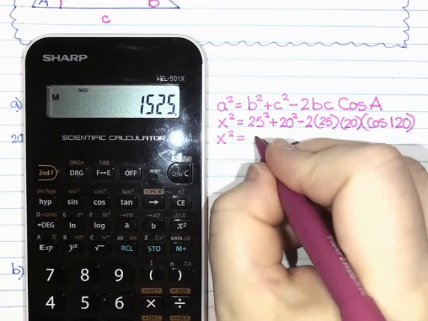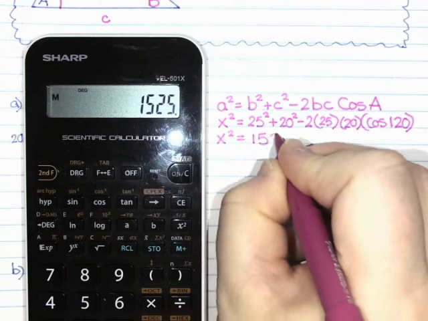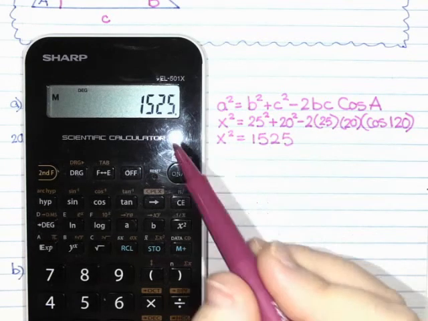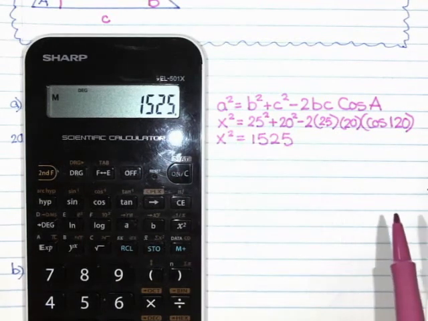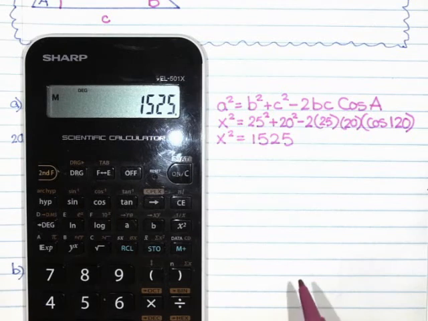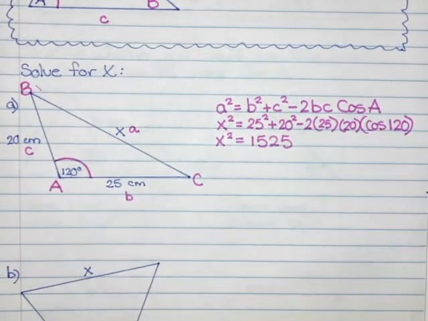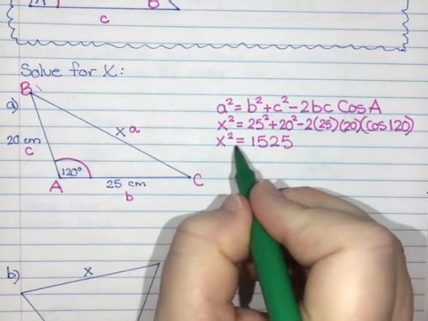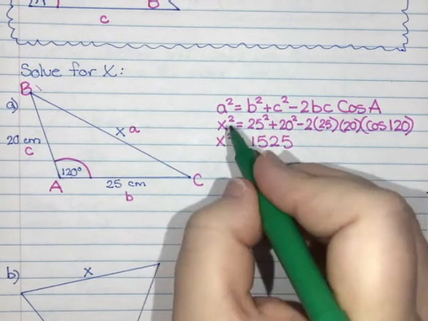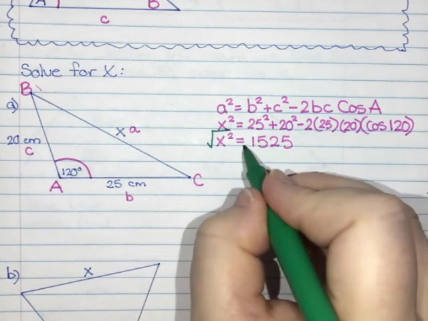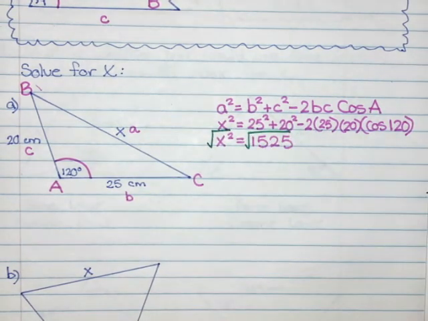And I get 1,525. Now, normally that number will be a decimal, and you will copy down every single last decimal place. Okay, so from here, I have x squared equals 1,525. So I don't want x squared, I just want x. To cancel out a square, I'm going to do the opposite and square root.